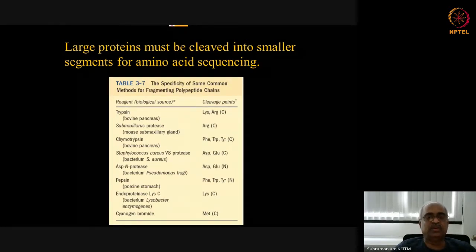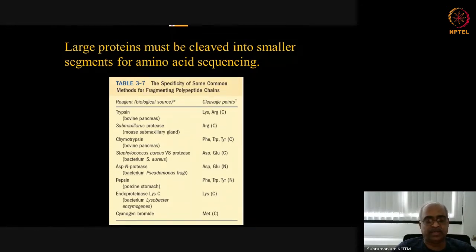So incomplete products will accumulate, and eventually as the cycle number increases, the quantity of the incomplete products, the background noise in the detection, will overwhelm the actual signal. So you won't be able to sequence beyond a certain number of cycles.